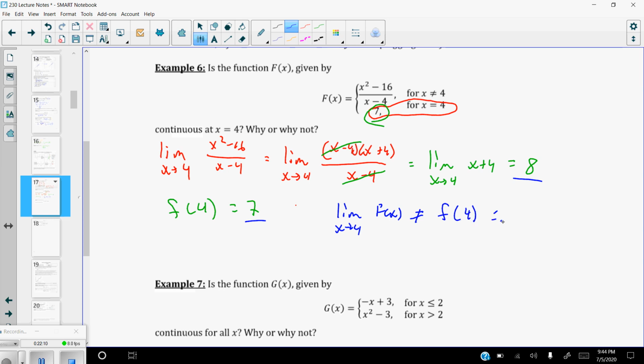Therefore, that's what these little dots mean. If you've ever seen that, that's a shorthand for therefore. Therefore, f of x is discontinuous at x equals 4. All right.